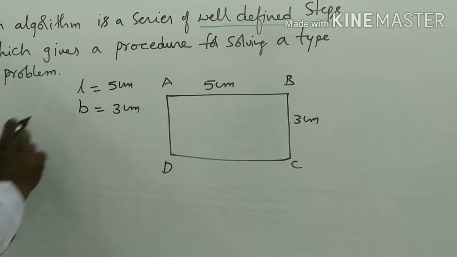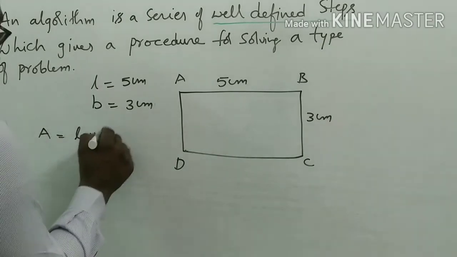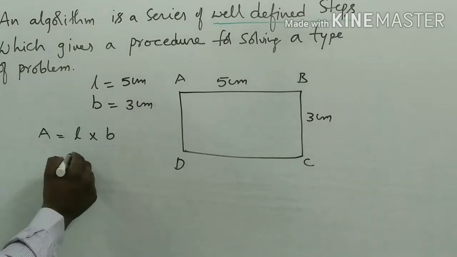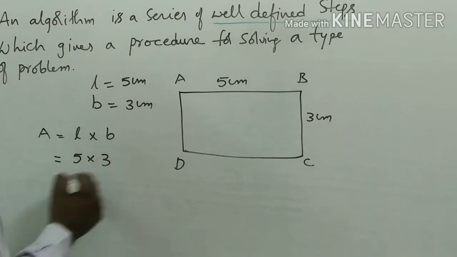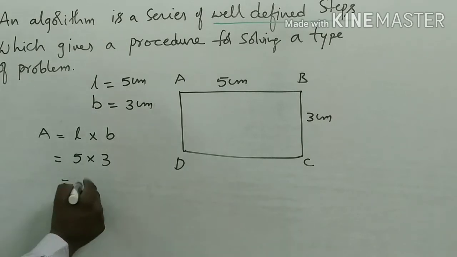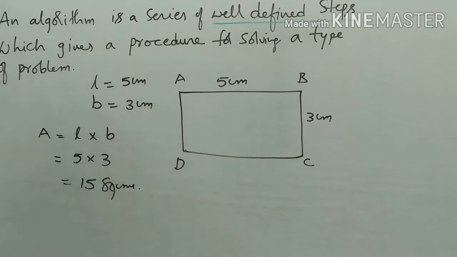Second step, area is equal to, you need to write a formula, that is L into B. Third step, substitute the L value and B value and multiply together, that is 15 square centimeters. So to find the area of a rectangle, you need these many steps.